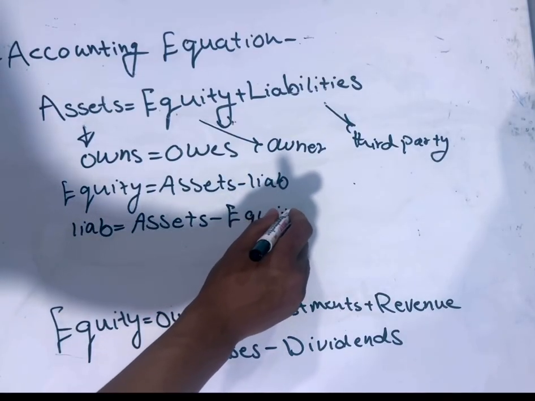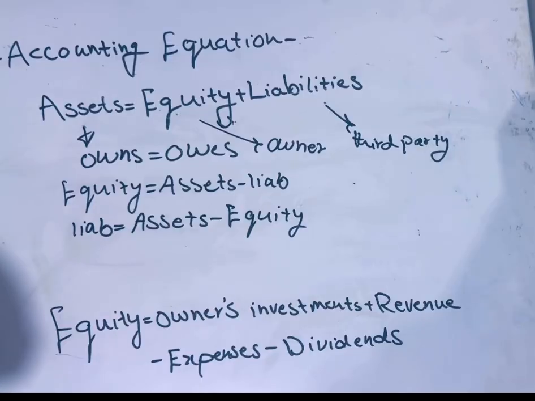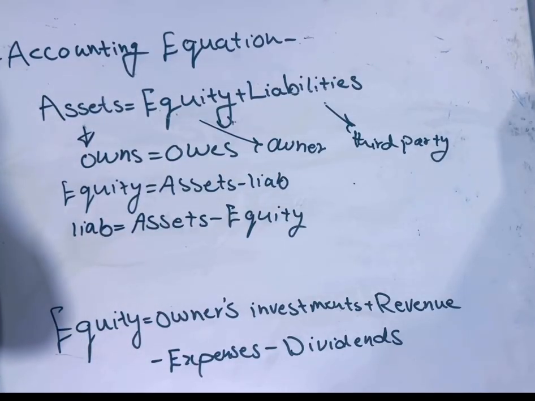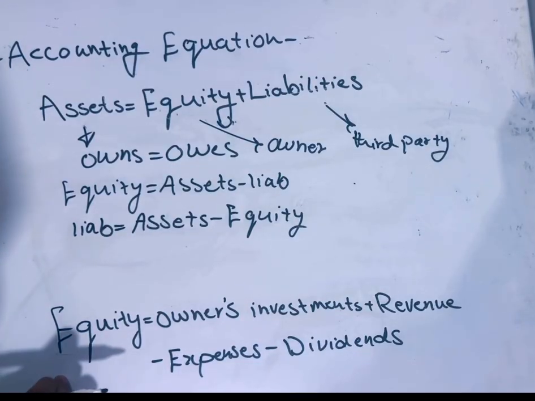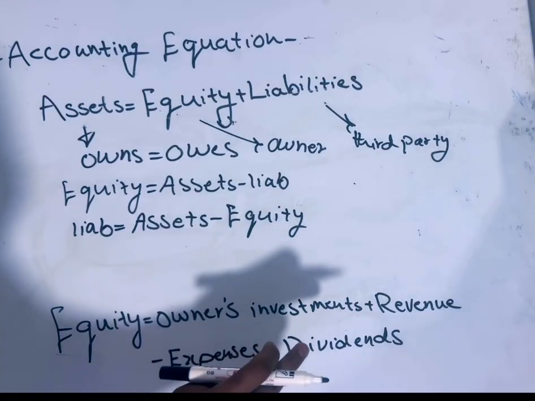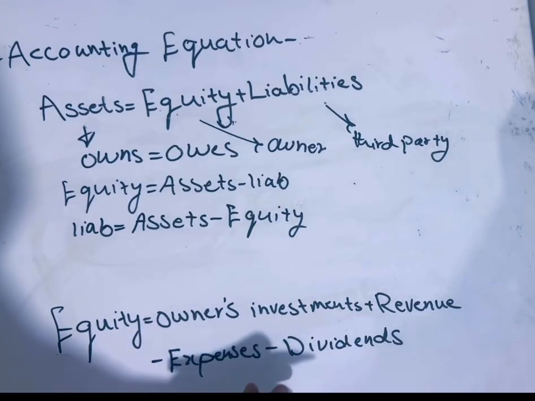Equity can also be referred to as capital. Keep in mind that this accounting equation is the backbone of the bookkeeping process. Also keep in mind that the equity section consists of owner's investment plus revenue less expenses less dividends.